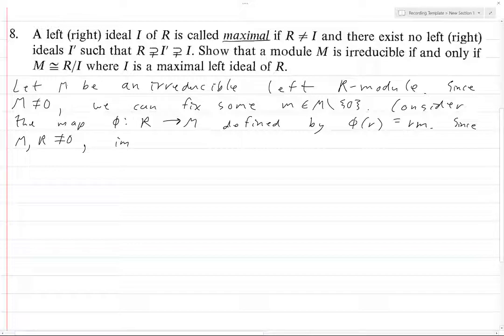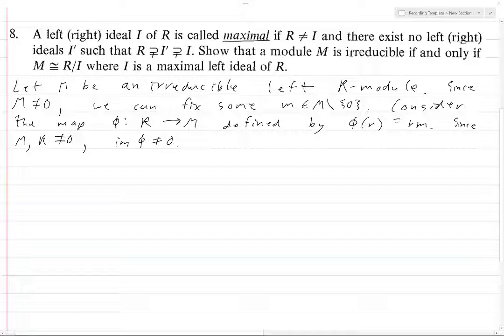I don't think the question would even make sense, because then it couldn't possibly have a maximal ideal, because the only ideal would be the 0 ideal. So we're not even going to think about that. Since these two things are non-zero, the image of phi is non-zero.